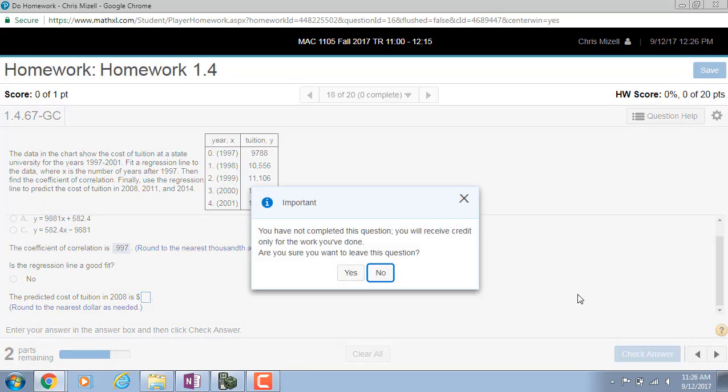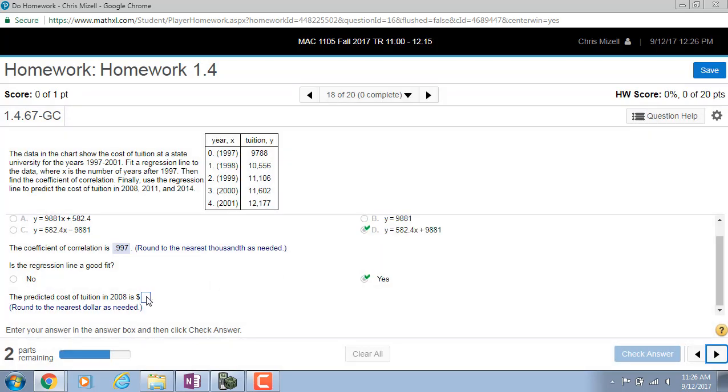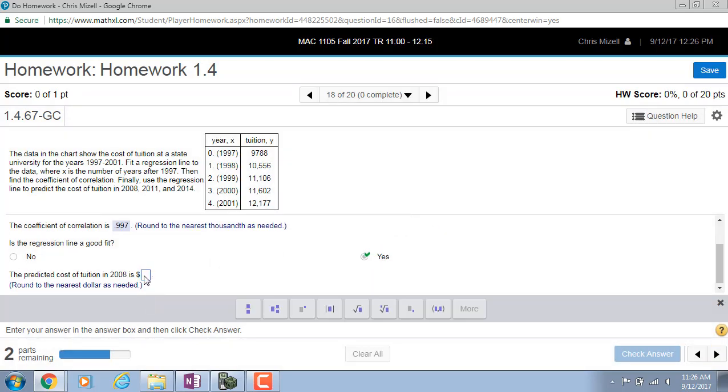Oh, let's see. No, I guess I don't want to lose it. The predicted cost of tuition in 2008. 2008 is how many years after 1997? If 1998 is 1 year after 1997, then I guess 2008 would be 11 years.